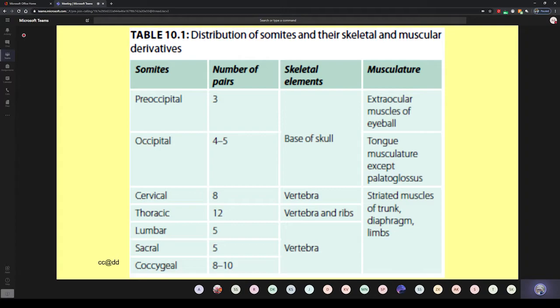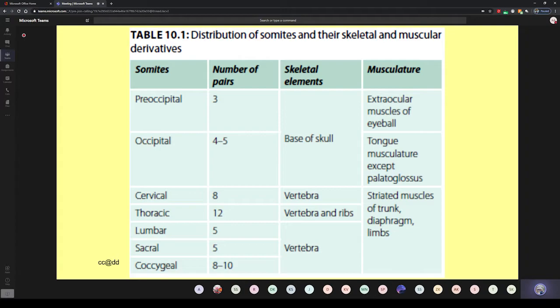So for your purpose, what is to be understood, in one simple sentence, is that paraxial mesoderm is responsible for formation of somites, and somites are responsible for formation of the musculoskeletal system. That's it. That is the simplest way of looking at it. These tables are going to be with you for you to keep revising.